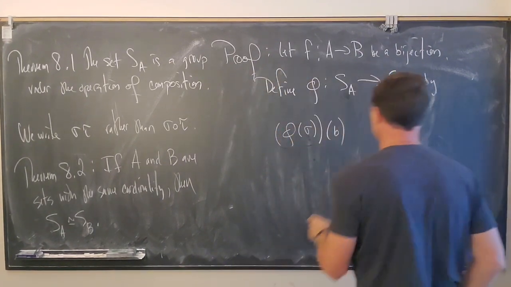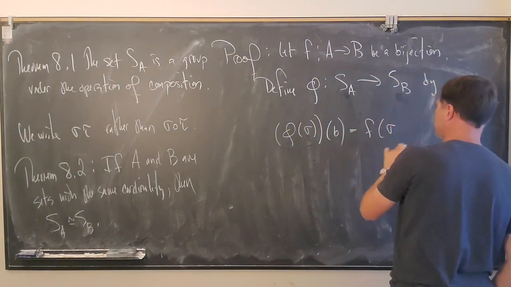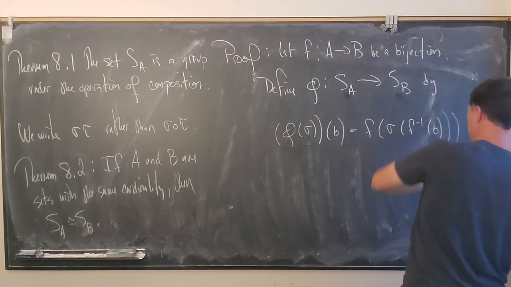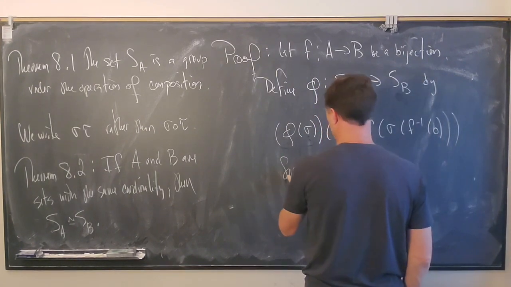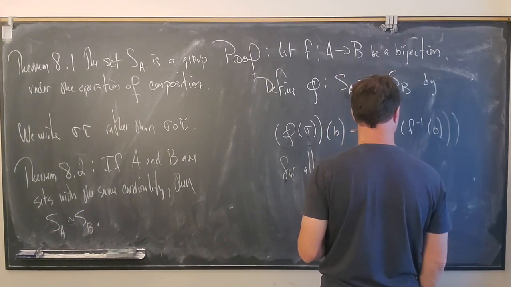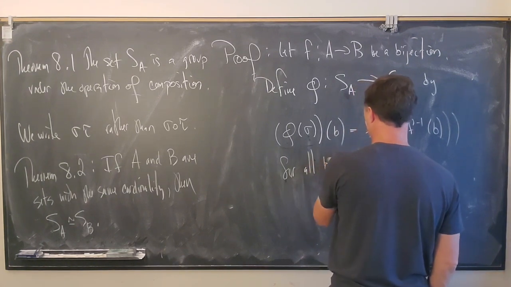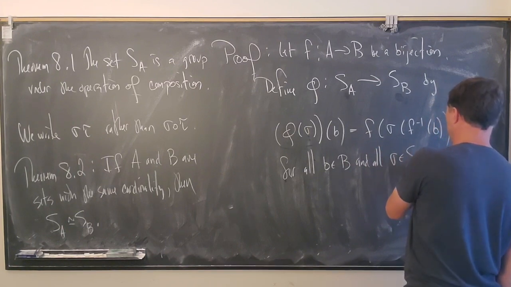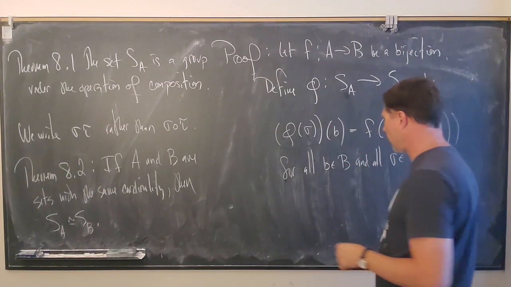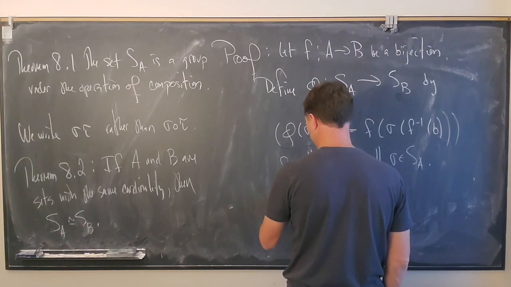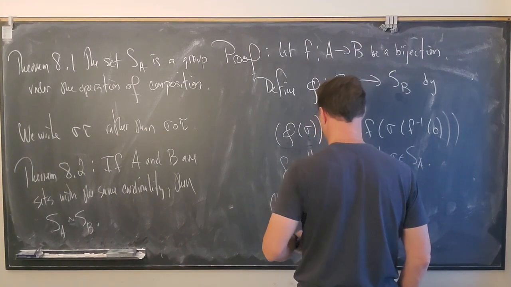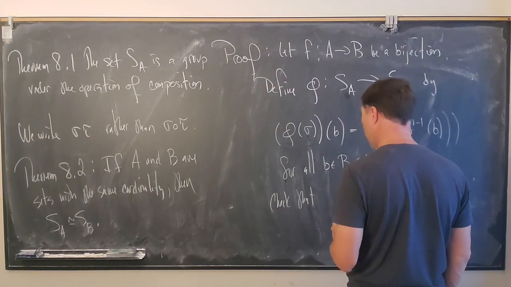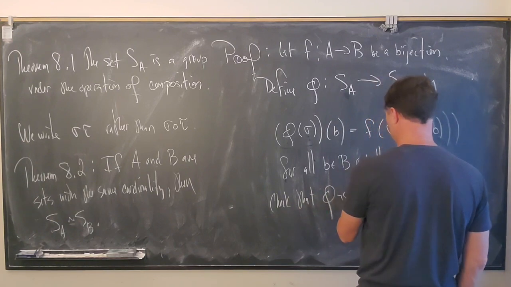It's going to be f of sigma of f inverse of little b for all b in capital B and all sigma in S sub A. And then what you should do is check that phi is an isomorphism.